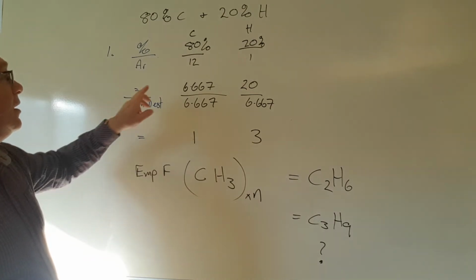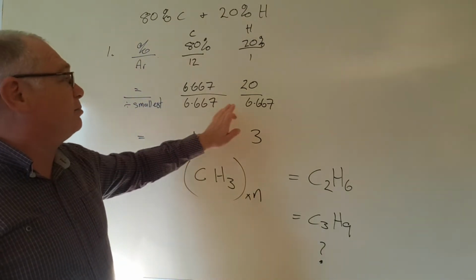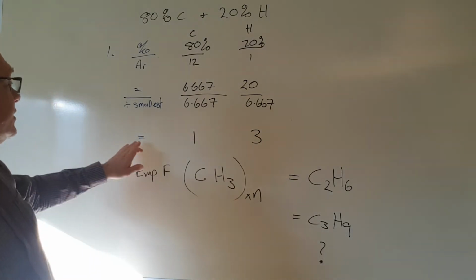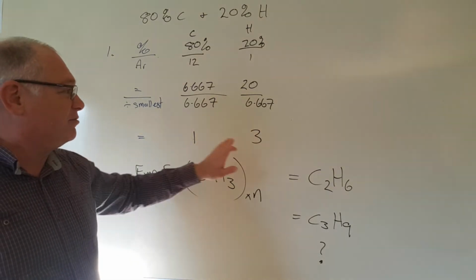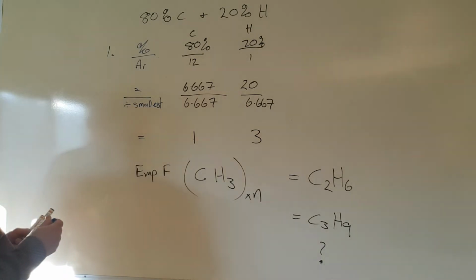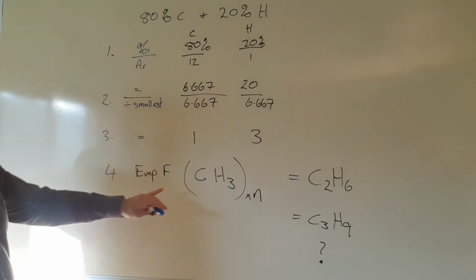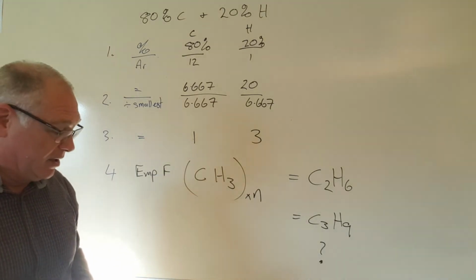Step 2, once you have found the product, is to divide each of those by the smallest product. Step 3 is then to work out the product and get the ratios, and step 4 is to actually write the empirical formula.